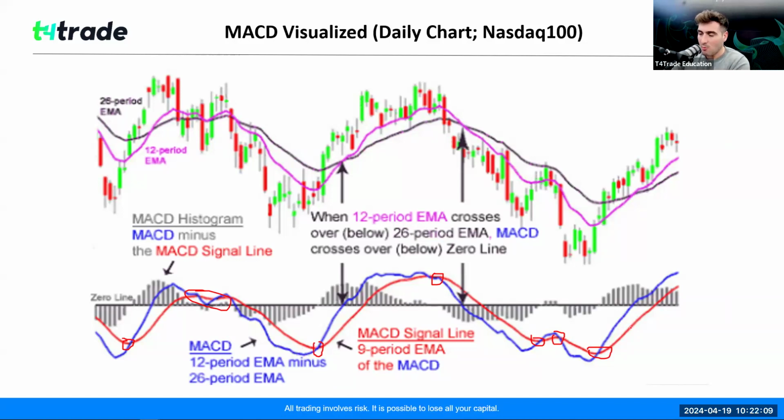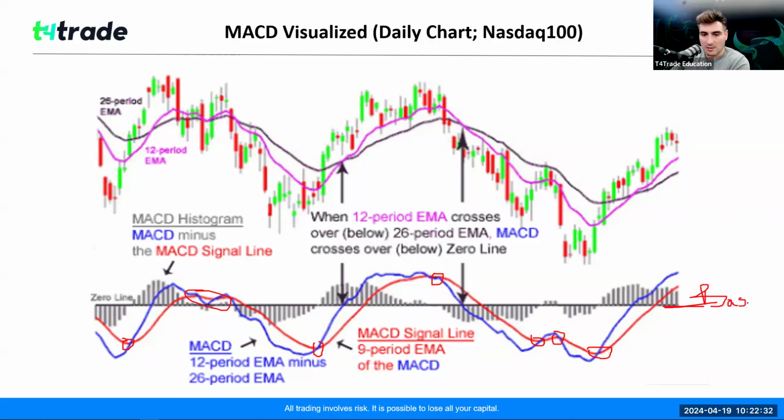This is the primary thing that we pay attention to, but we also pay attention to the relative positioning of the MACD line, more specifically the blue line, whether it is above or below the baseline. This is the baseline.